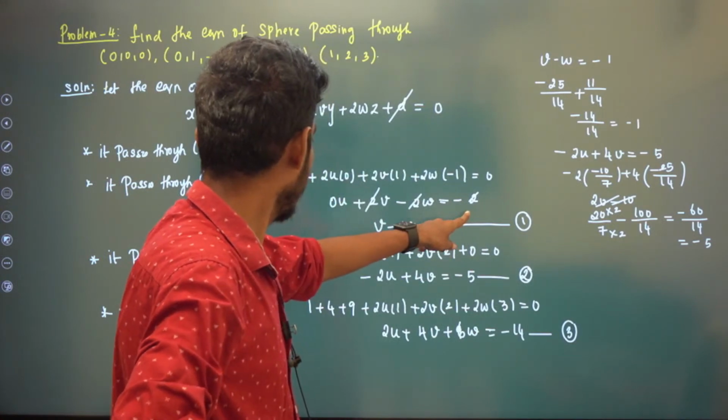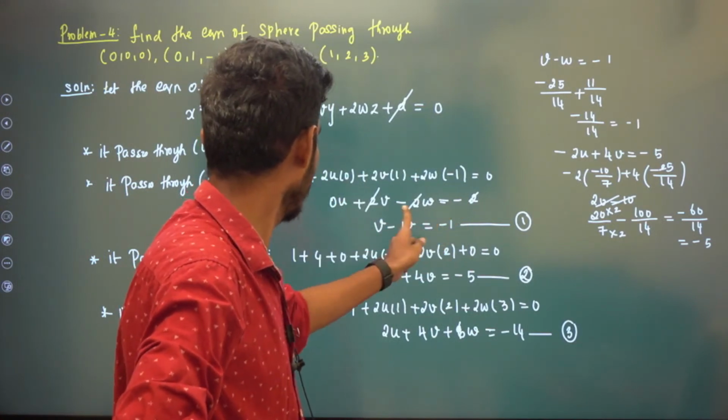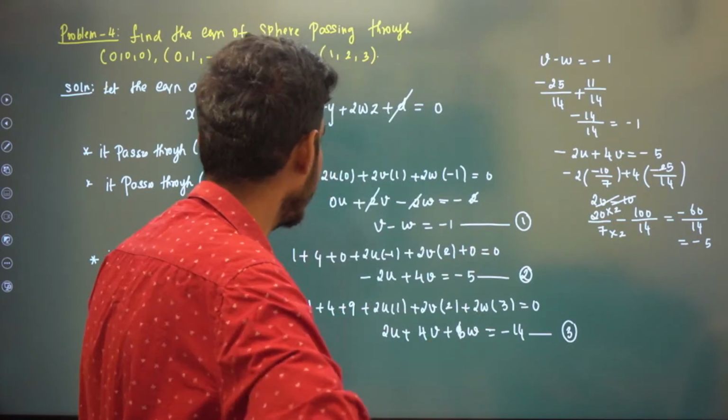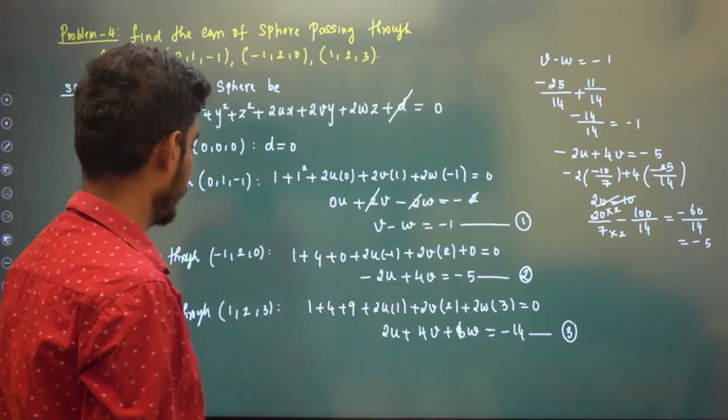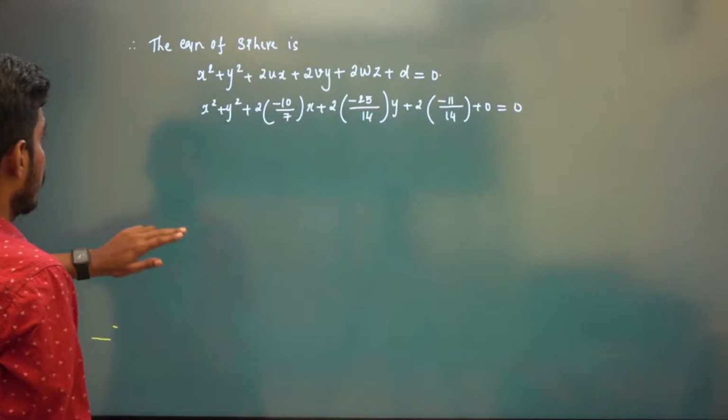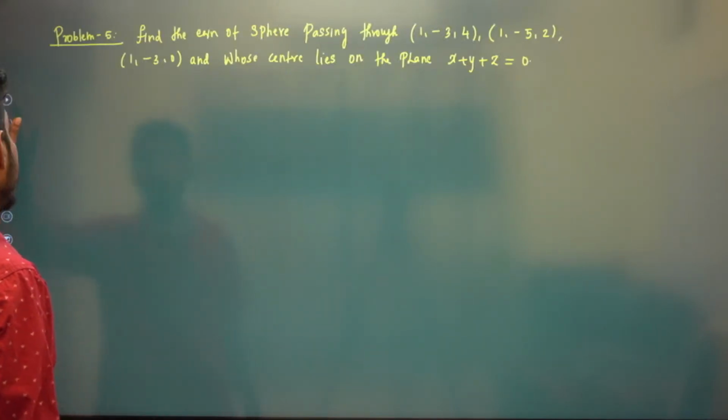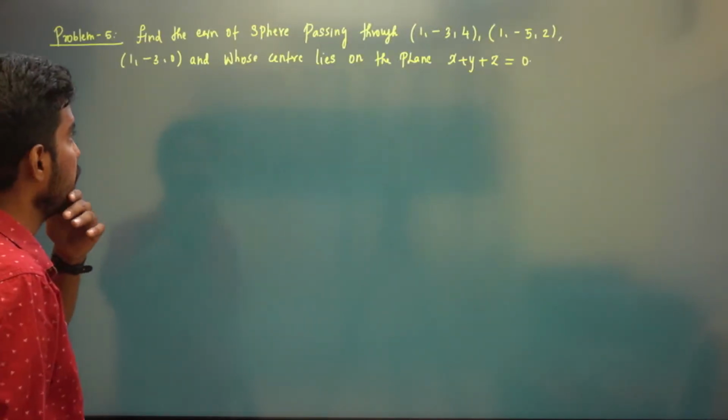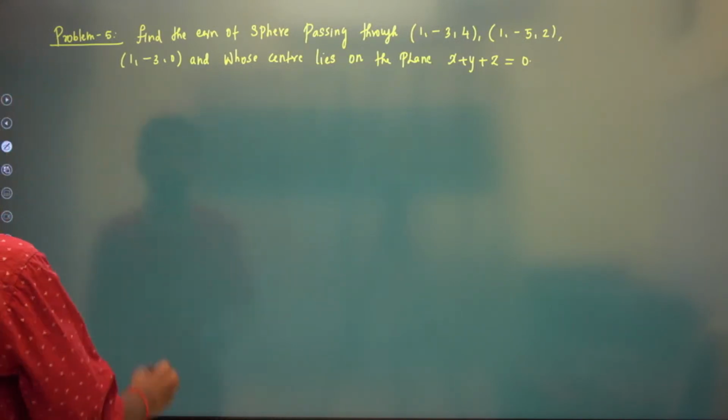Bringing this minus 2 that side, I'm just cancelling 2 alone. So you will have v minus w is correct only. It satisfies, right? Okay. So find the equation of sphere that passes through these 3 points and whose center lies in this plane, right?